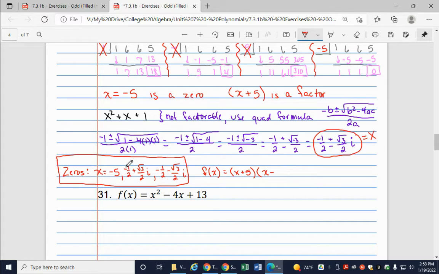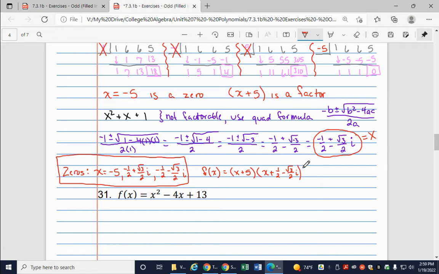So when I subtract the negative 1/2, what happens when you subtract a negative? So I'm going to have x plus 1/2. And then it's really plus here, but I'm subtracting it. So it becomes minus square root of 3 over 2i. That takes care of my second zero.